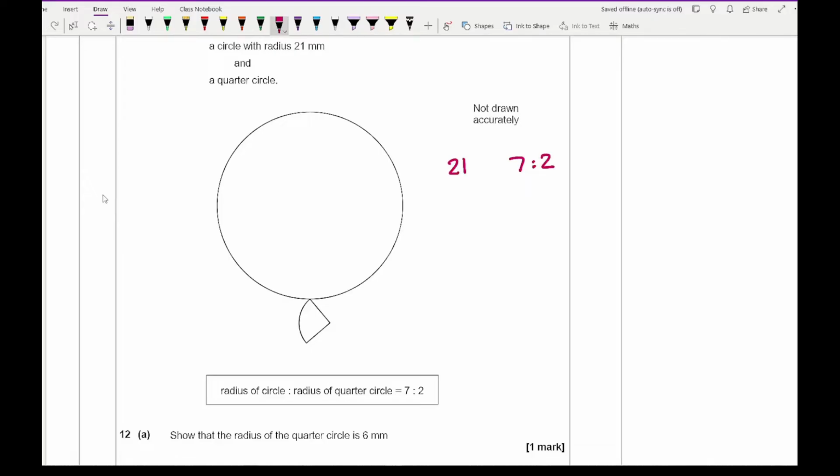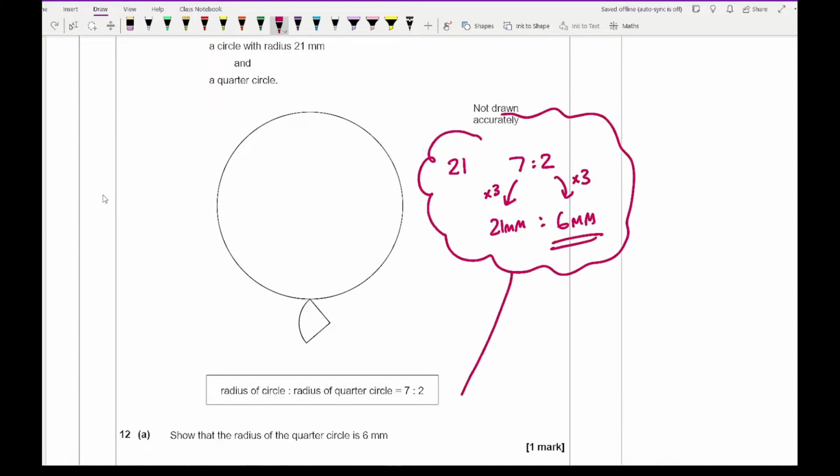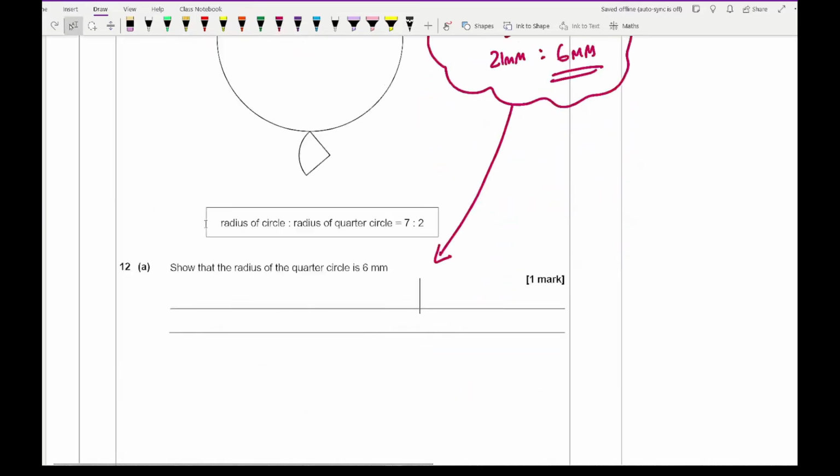Now for this we know that the 7 parts is going to be 21 millimeters. So here I need to divide that by 3, so therefore, 2 parts is going to give me 6 millimeters. So this acts as my working out, which I should write for the 1 mark.